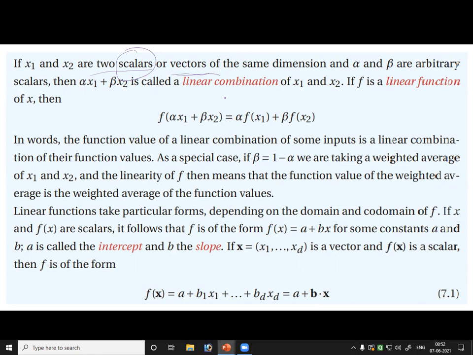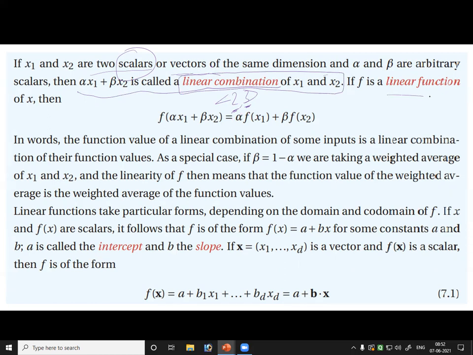A vector is like 2, comma 3: this is the x coordinate, this is the y coordinate. Vectors of the same dimension, and alpha, beta are arbitrary scalars. Then alpha x1 plus beta x2 is called a linear combination of x1 and x2. This is just terminology, my dear friends. There is no need to worry about this.